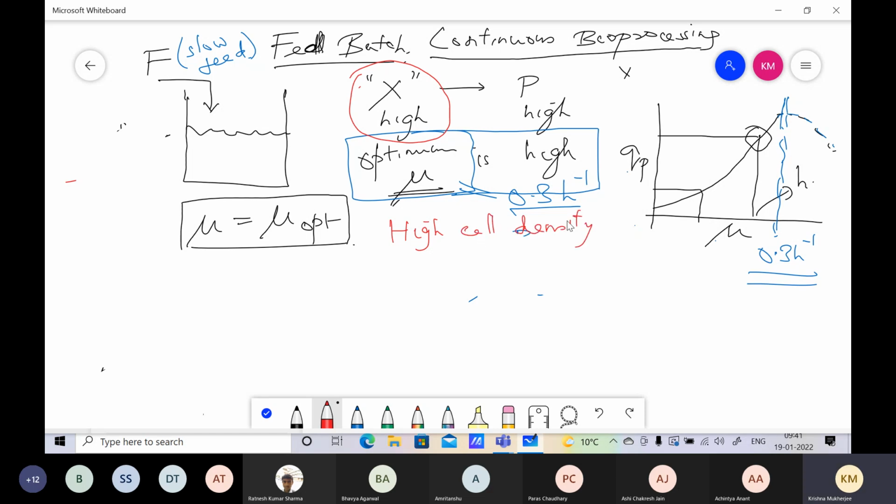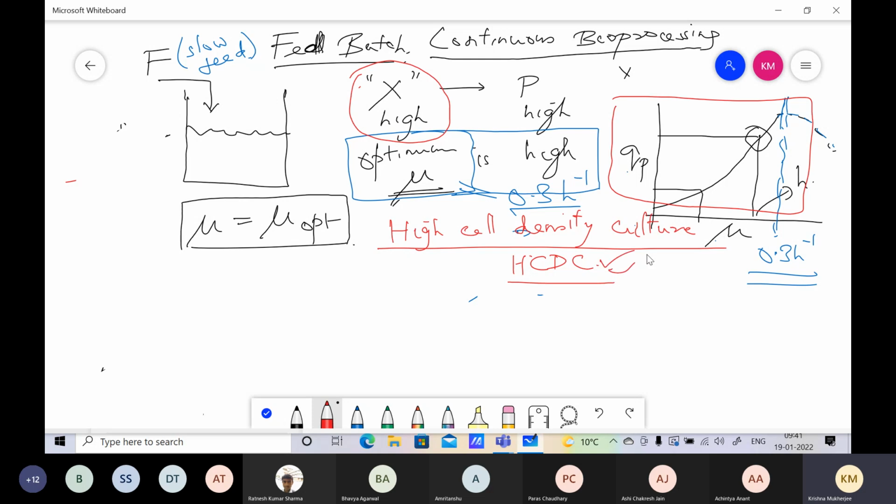So all industries would use high cell density culture to produce recombinant protein. But the point is not just HCDC. You can make a lot of cells, but also that these cells should be producing product given this equation here. So not only they have to be grown to high cell density culture, but at the optimum mu.